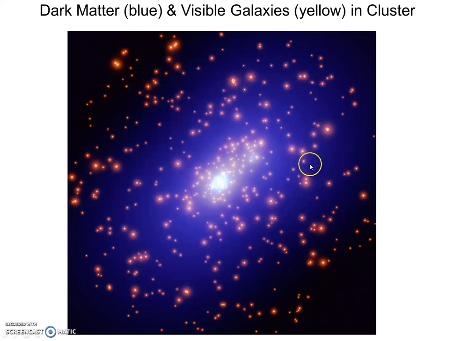Those are not mapped out on this image. But the blue haze here is the distribution of dark matter. Okay, so the dark matter can actually be mapped out, even though it can't be seen or detected from radiation. It can be detected gravitationally, and we can work backwards using a supercomputer and the equations of general relativity to figure out that it's there and where it is.